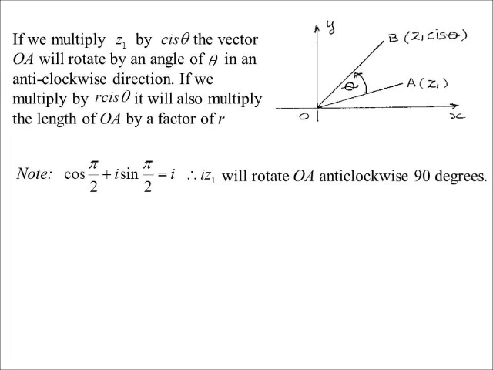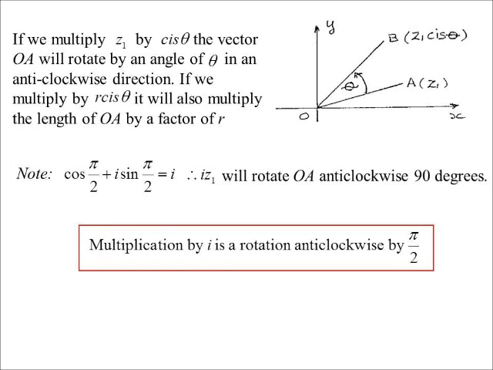Again, it's all to do with what you're multiplying by, and you're adding the angle of the number. If you're multiplying by -1, the angle is 180 degrees, so it moves 180 degrees. Multiplied by i, it's moving 90 degrees. So multiplication by i is rotation anti-clockwise by pi on 2. Always keep that in mind.